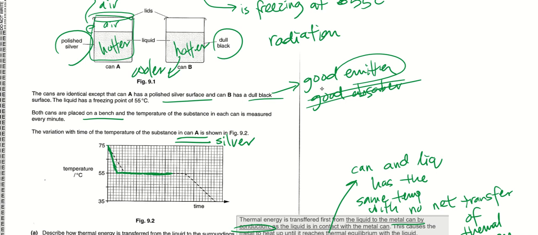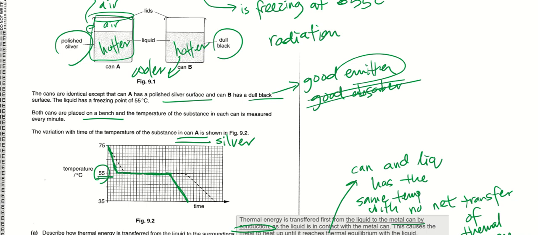And it doesn't matter whether it is black or polished silver. At 55 degrees, the liquid will actually freeze. Then once everything has frozen, it will decrease in temperature again, because it is still hotter than the surrounding.